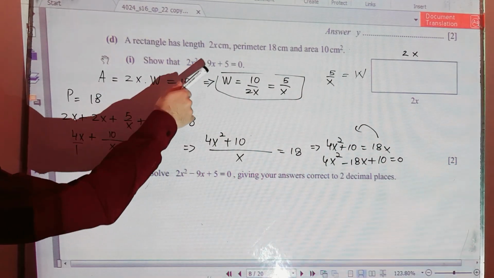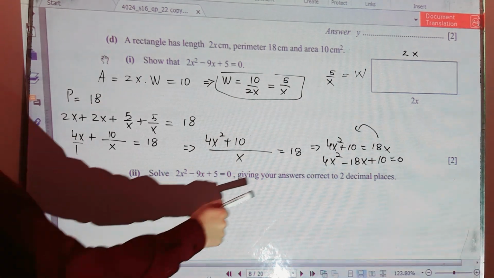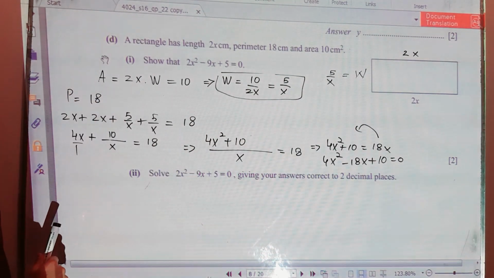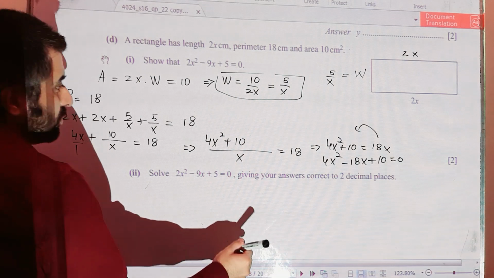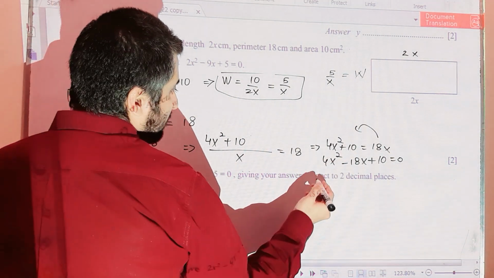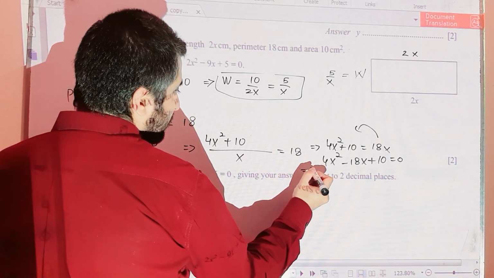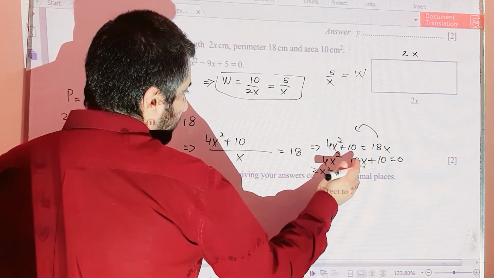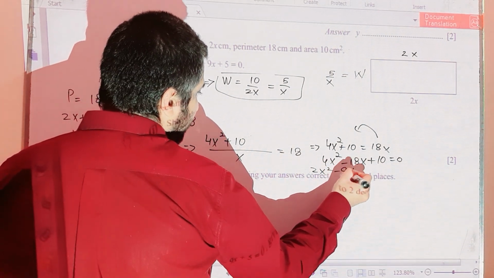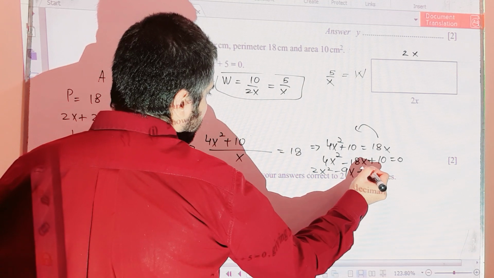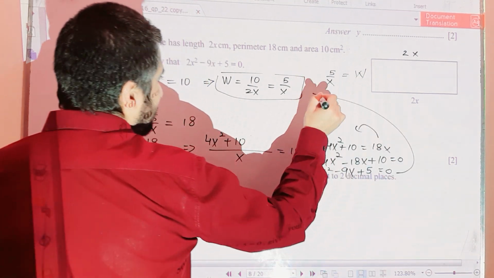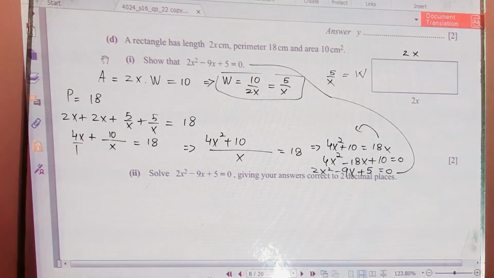However, we have 2x square minus 9x plus 5. Just divide the equation by 2. If you divide this equation by 2, what will happen? Upon dividing this one, you will get 4 over 2 is 2x square, minus 18 over 2 is minus 9, and 10 over 2 is 5. Now that is your required equation.